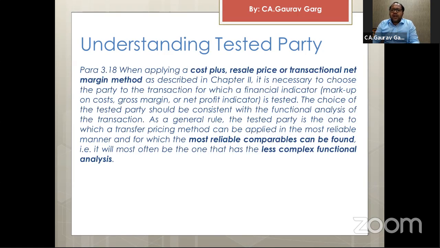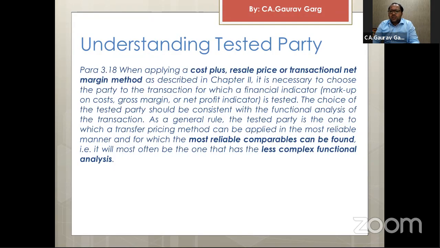Also, para 3.18 suggests when applying a cost plus, resale price or transactional net margin method, as described in chapter 2, it is necessary to choose the tested party to the transaction for which a financial indicator, markup on cost, gross margin, or net profit indicator is tested. The choice of tested party should be consistent with the functional analysis of the transaction.